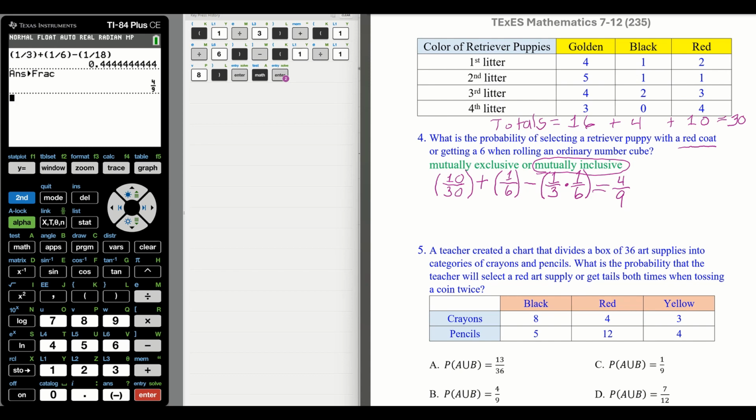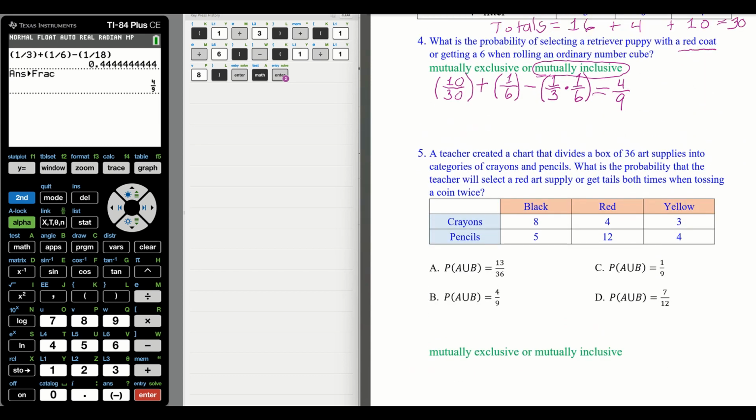Next, number 5. A teacher created a chart that divides a box of 36 art supplies into categories of colors and pencils. What is the probability that the teacher will select a red art supply or get tails both times when tossing a coin twice?